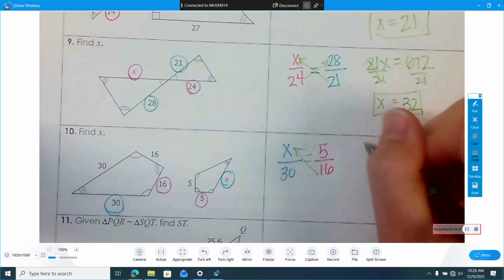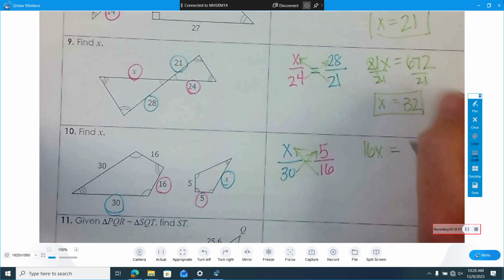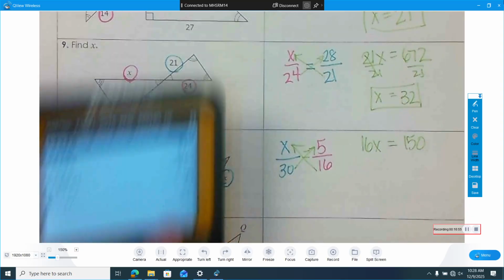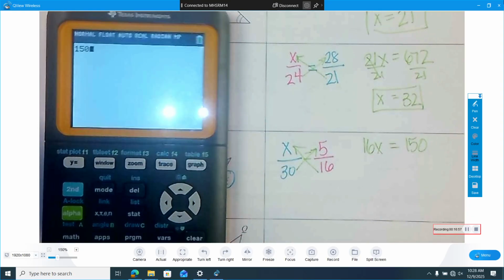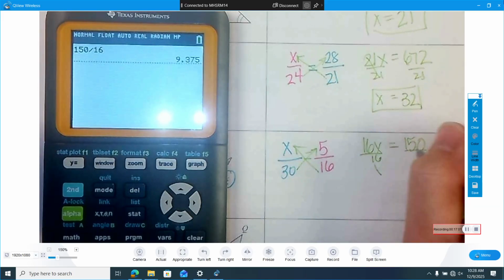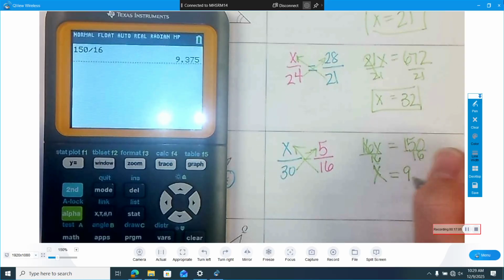So 16 times x is 16x, and 30 times 5, 150. I did know that one. 150 divided by 16, I don't know that. So divide by 16, divide by 16, we get x equals 9.375.